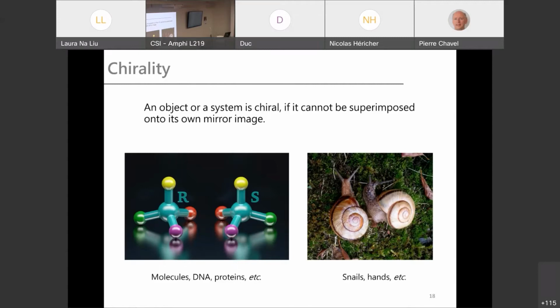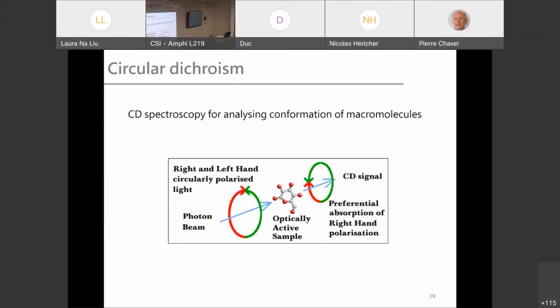Many proteins are chiral. And if you have not been very familiar with molecular chemistry, then you know snails. You also know our hands. Our left hand and right hand, they are chiral. So they cannot be superimposed on their own mirror images.